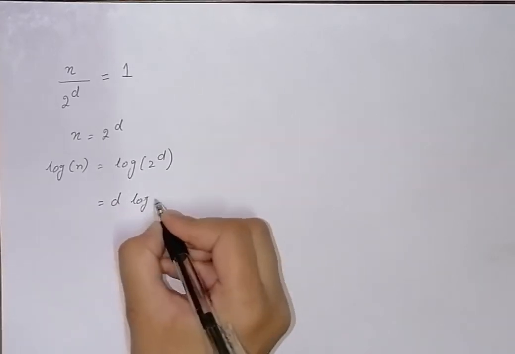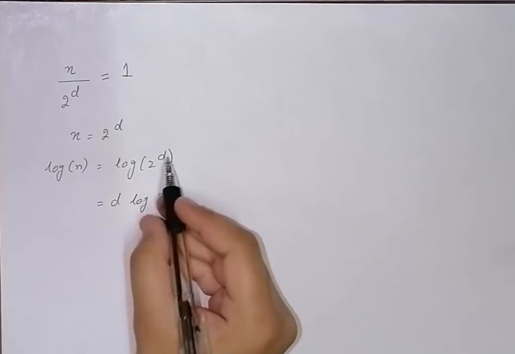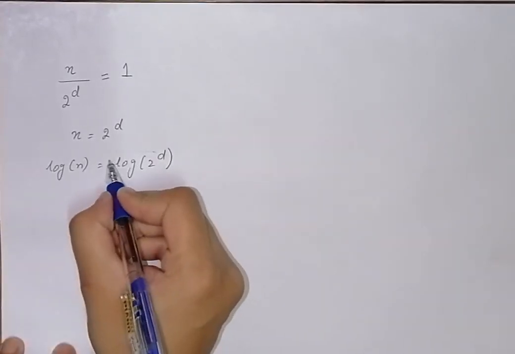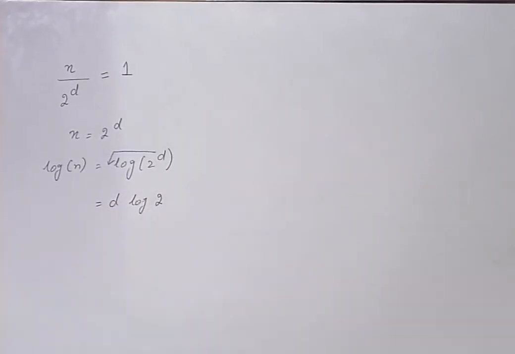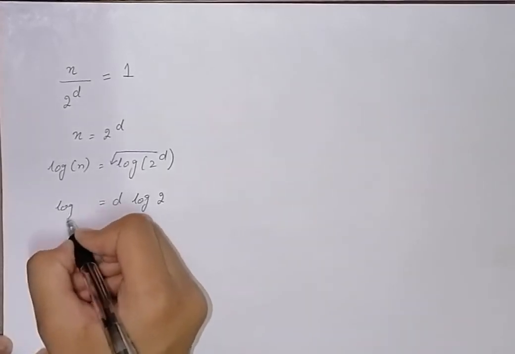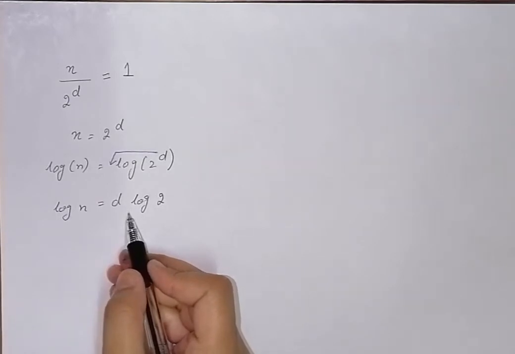I'm using the mathematical logarithmic rule here, and this d will come out using the log rule. So d comes here and log of 2 is left with us, and here we have log of n.